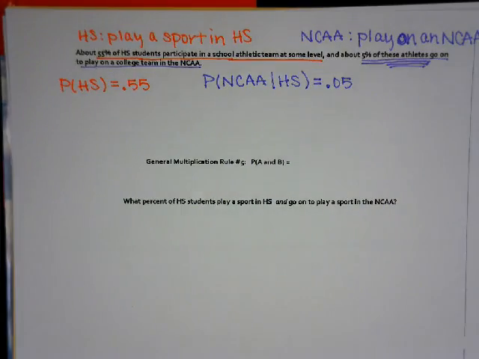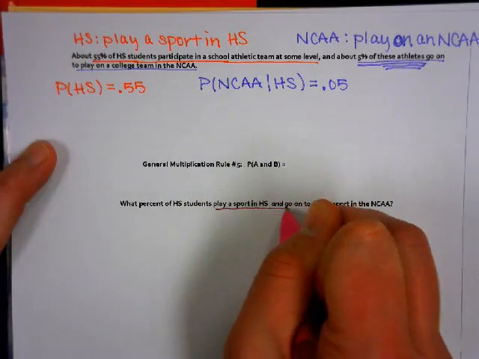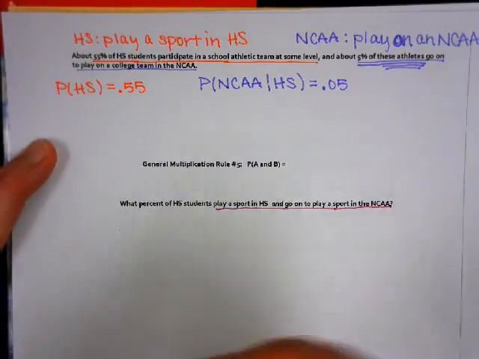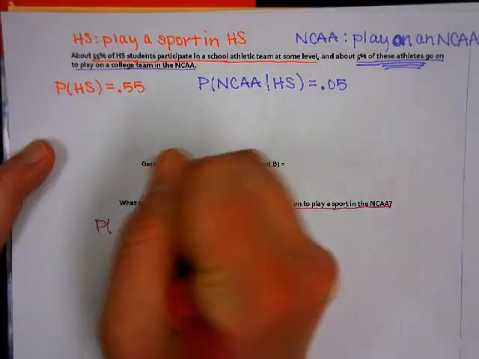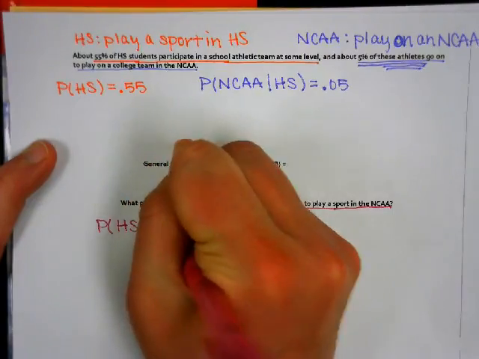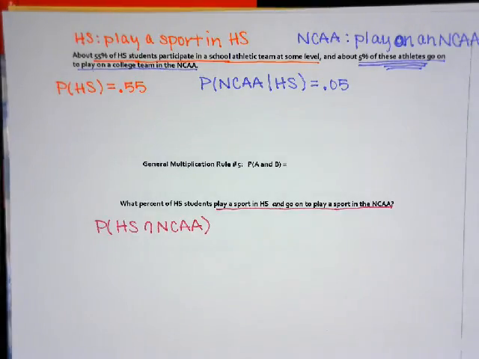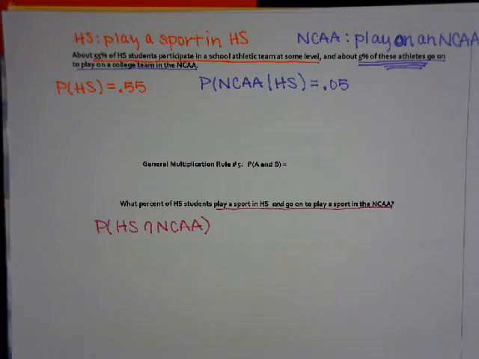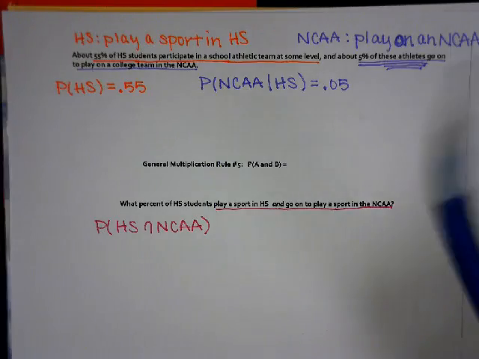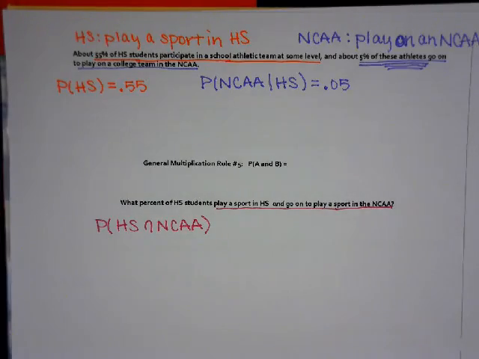The question that we need to answer is, what percent of high school students play in high school and go on in the NCAA? So we want to know what's the probability of high school and NCAA. So we have the 3 parts of our conditional probability rule. Let's see, where do I want to write it?